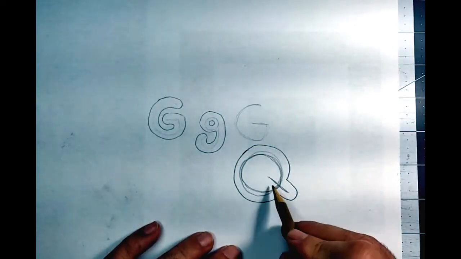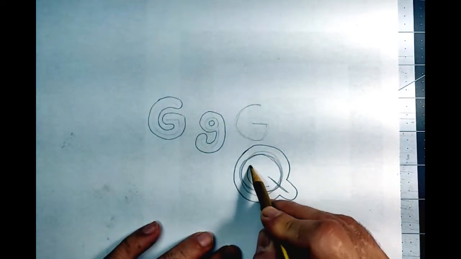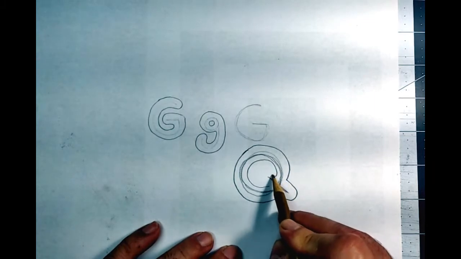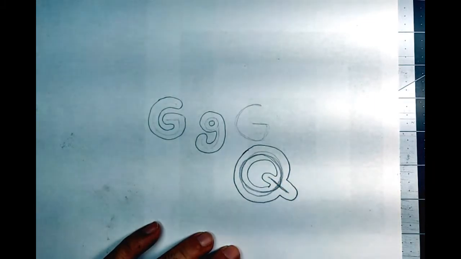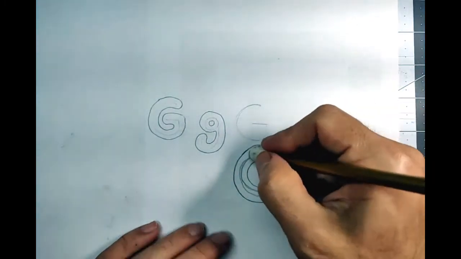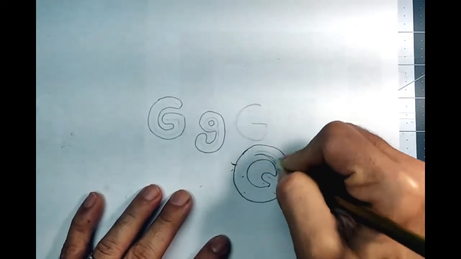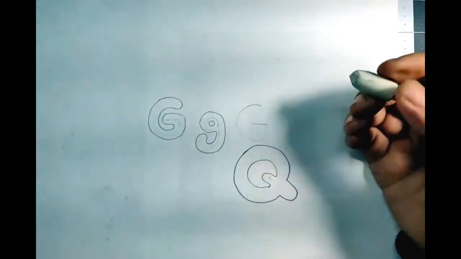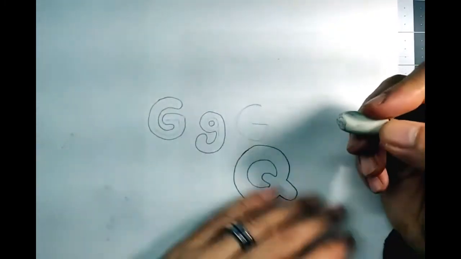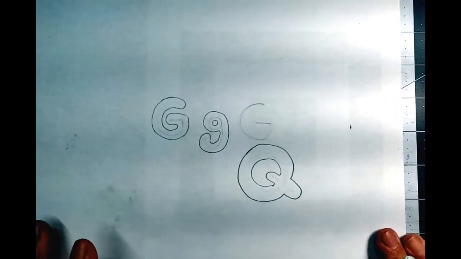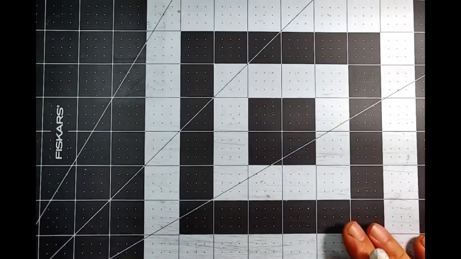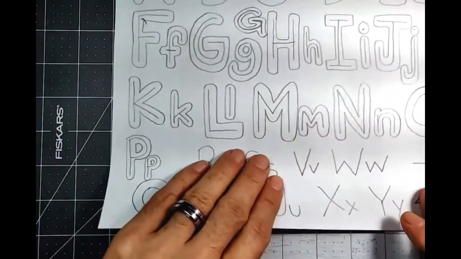And on the inside, we're going to do the same thing. We're going to go around. And when we get to the little leg, we're going to go around it. There's our Q. And then last but not least, we go ahead and we erase the inside. Okay, so there's Q.